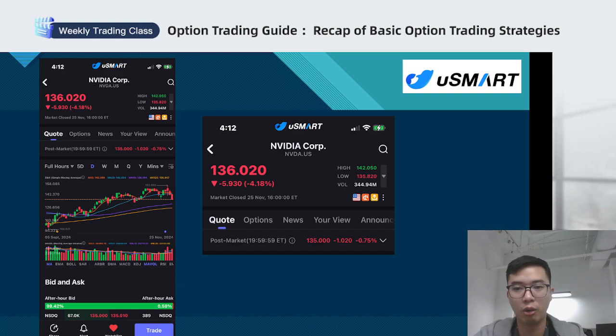Alright, so next will be a very fast walk-through of the uSMART app. So how do we use options? First, you choose whatever stocks you want, then you choose the option tab.